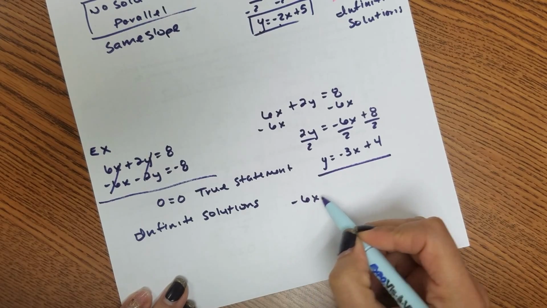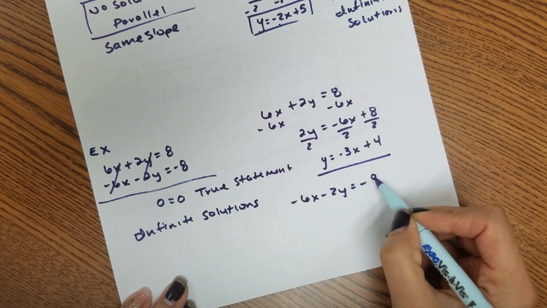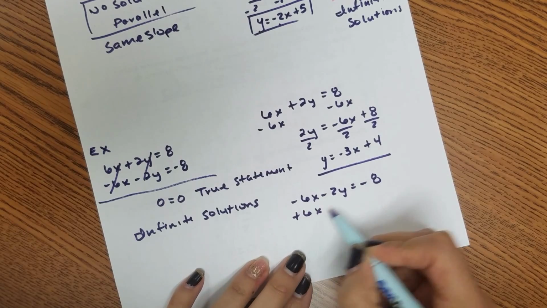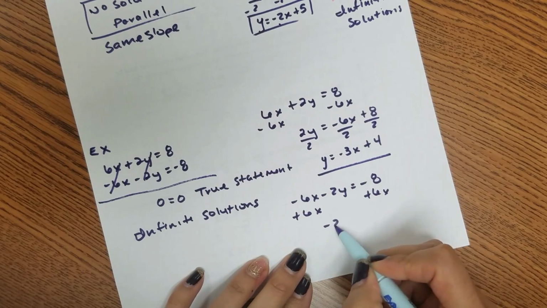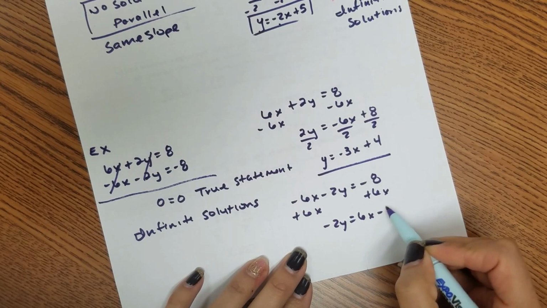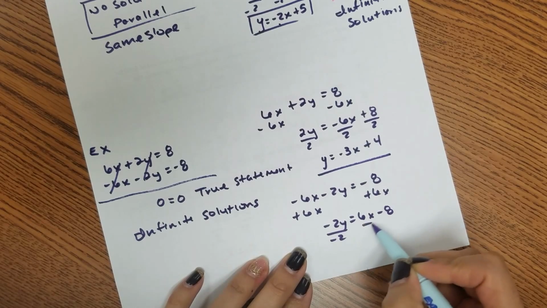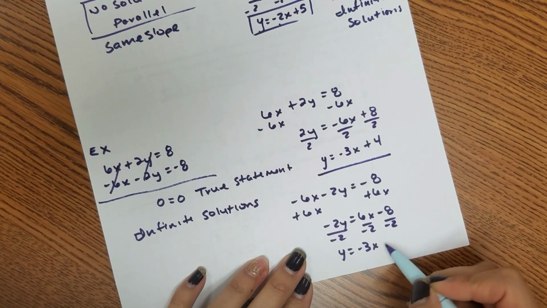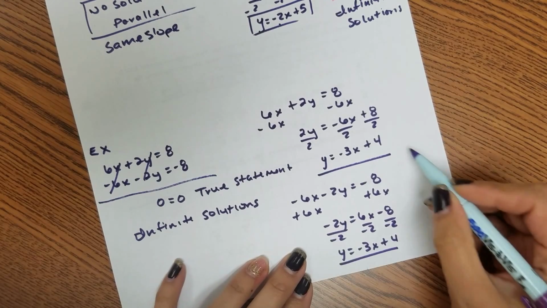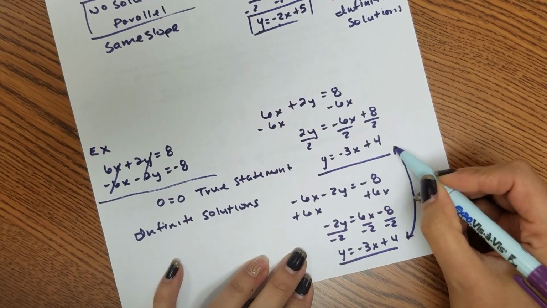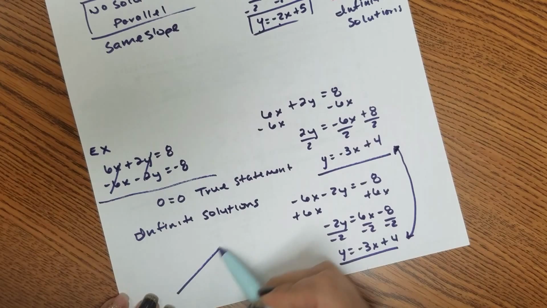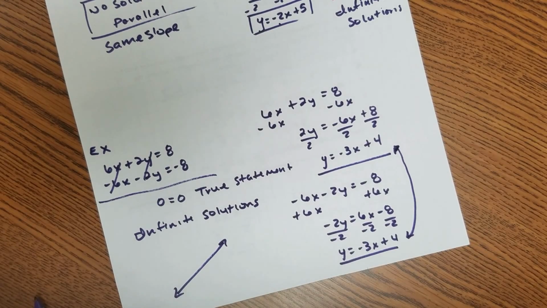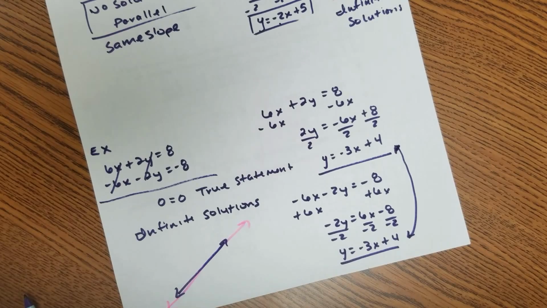If you take the second one, add 6x to each side, and divide by negative 2, which is going to change all of our signs. y is equal to negative 3x plus 4. So you see that these two are exactly the same. Your lines are overlapping and you have infinitely many solutions. It's the exact same line.